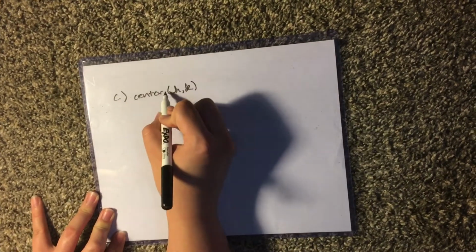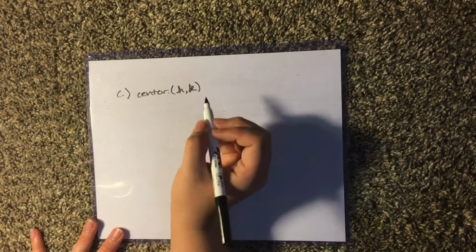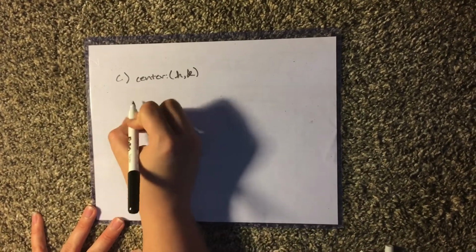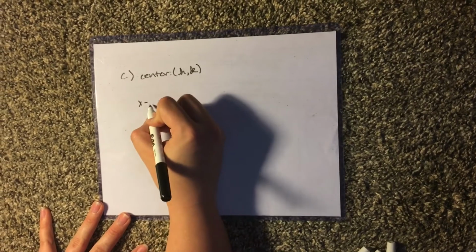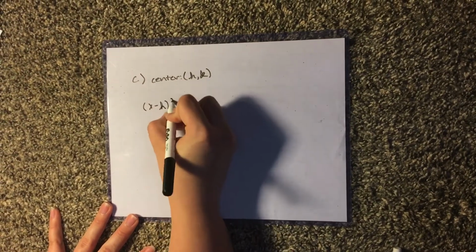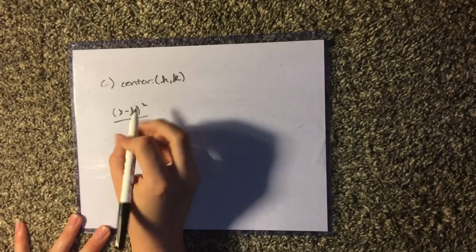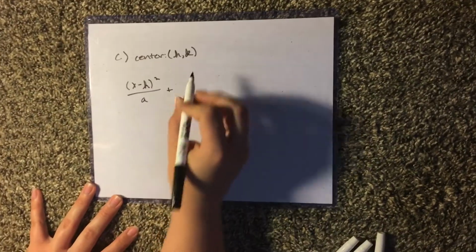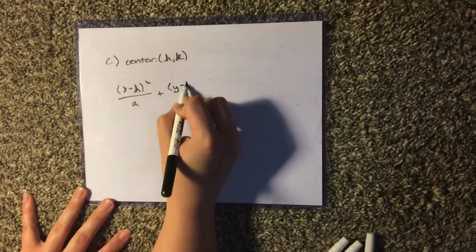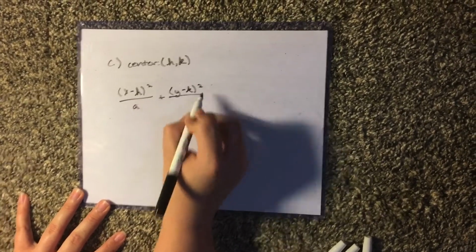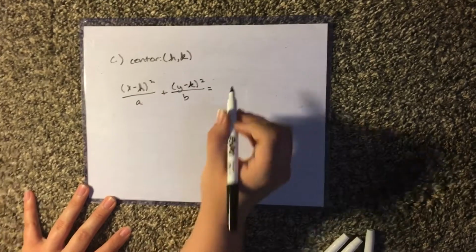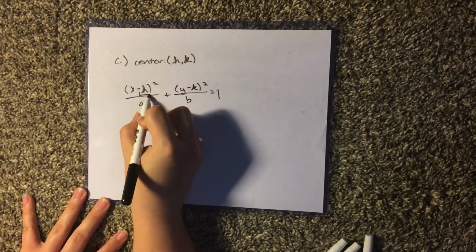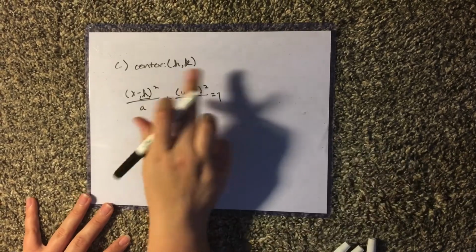So with my knowledge of the form, I know that the original is (x - h)² over a plus (y - k)² over b equals 1.